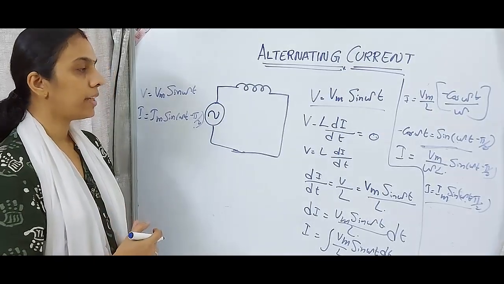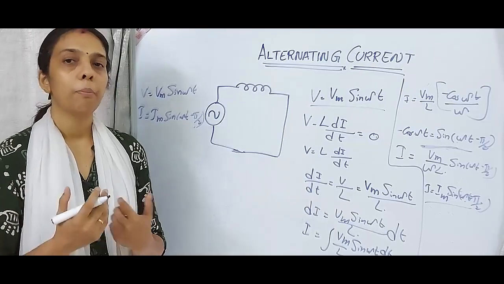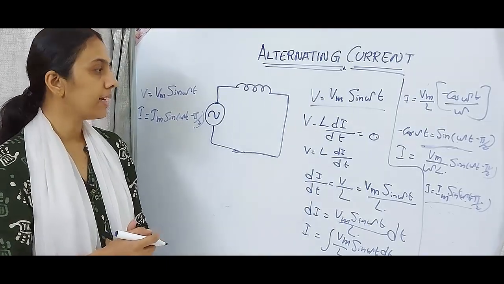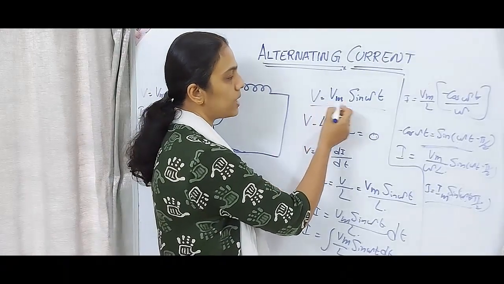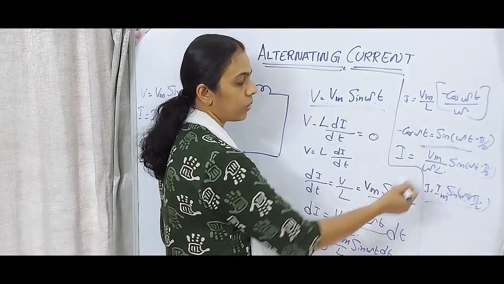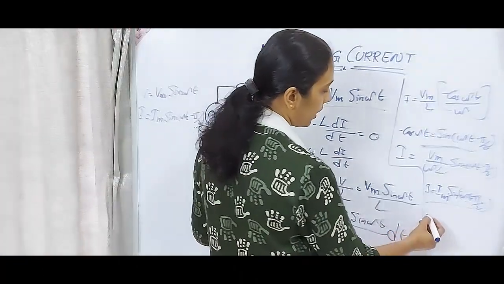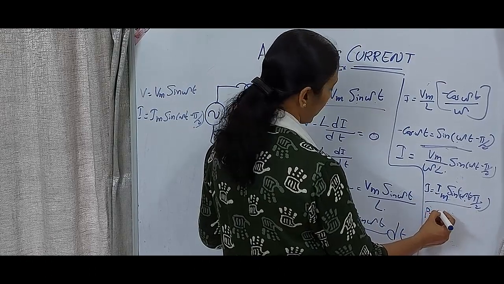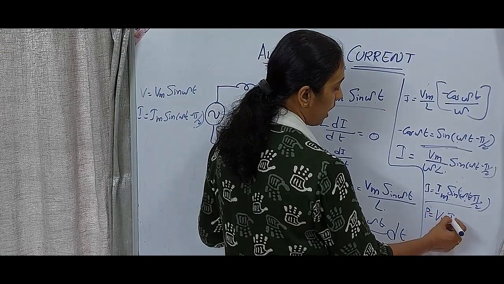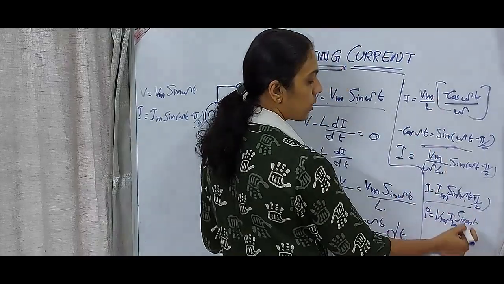Next we are going to find out the power in the circuit. As in the previous case, power P equals V into I. Here V equals Vm sin omega t and I equals Im sin omega t minus pi by 2. When we calculate this, we get P equals Vm into Im sin omega t into minus cos omega t.